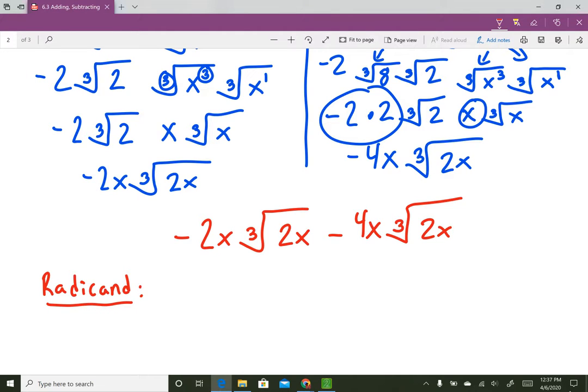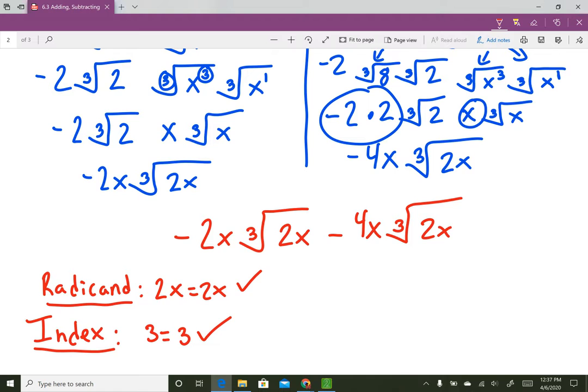What is it? 2x equals 2x. Sure do. What about the index? Well, this one's 3. The other one's 3. Great. So all I've got to do now is just combine these, if I can.